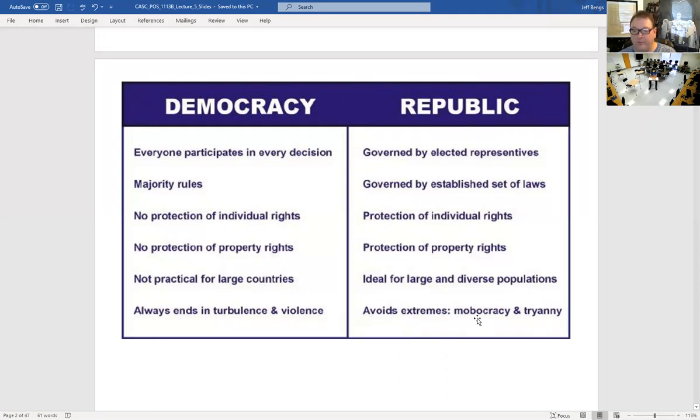One extreme would be where the majority of the people are ruling like a mob. The other extreme is where a few government leaders become tyrannical, like King George and the Parliament of England. A democracy will usually end up with violence and disorder.